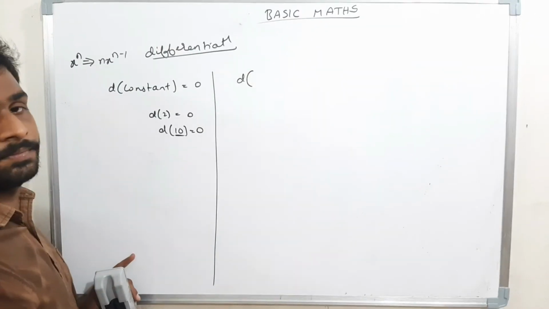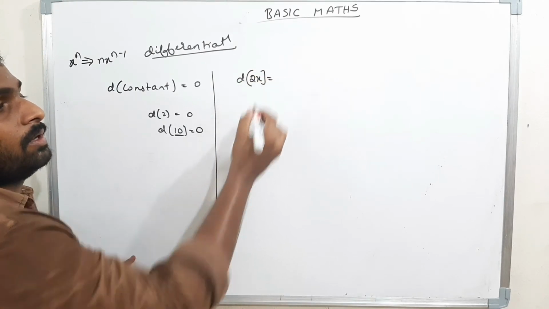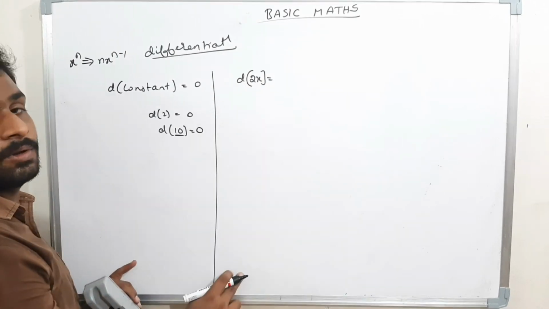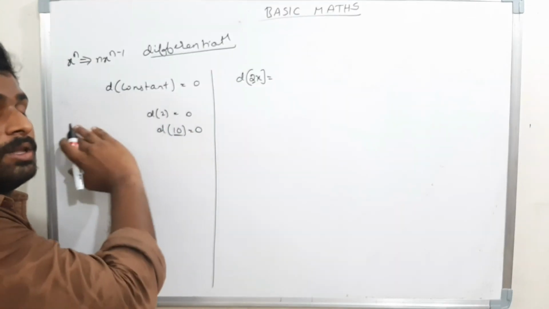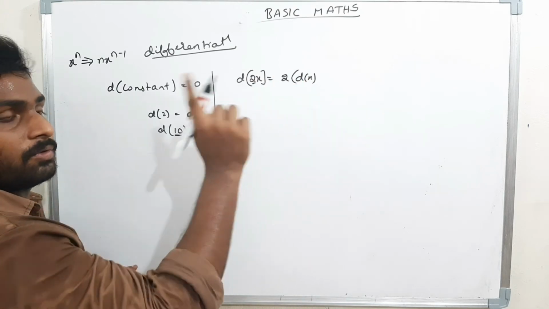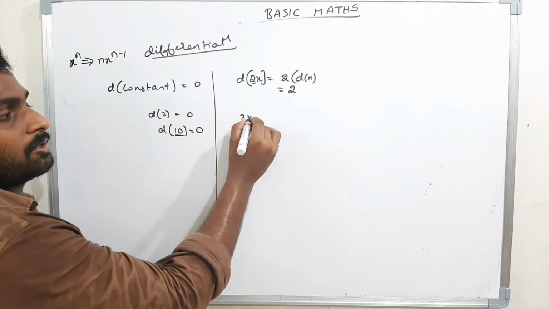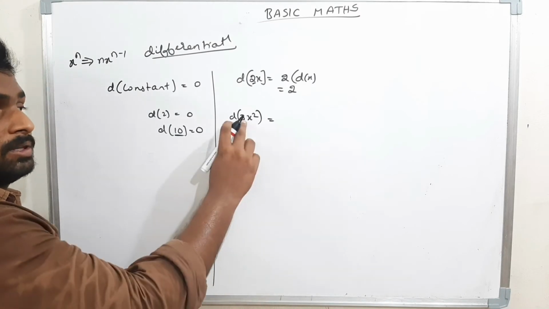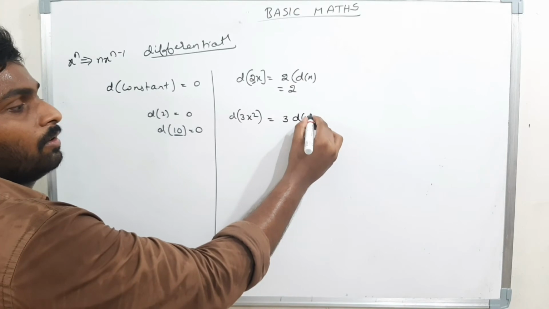Now tell me, what is the differentiation of 2x? Always the constants will come out, we can bring them out. 2 into d x, what is the differentiation of x? 1. What is the differentiation of 3x square? 3 is a constant, we can bring it out. 3 into differentiation of x square.